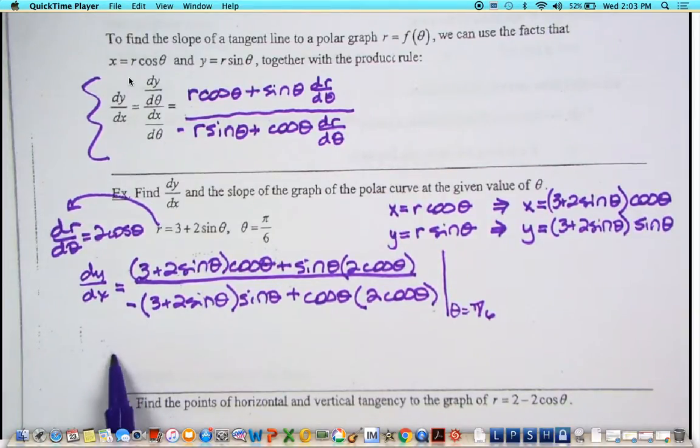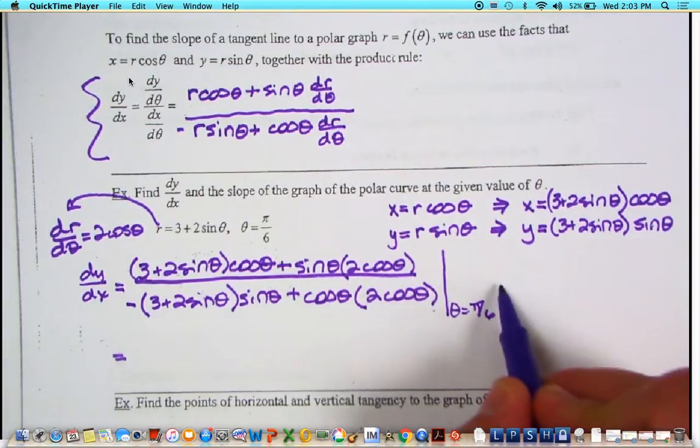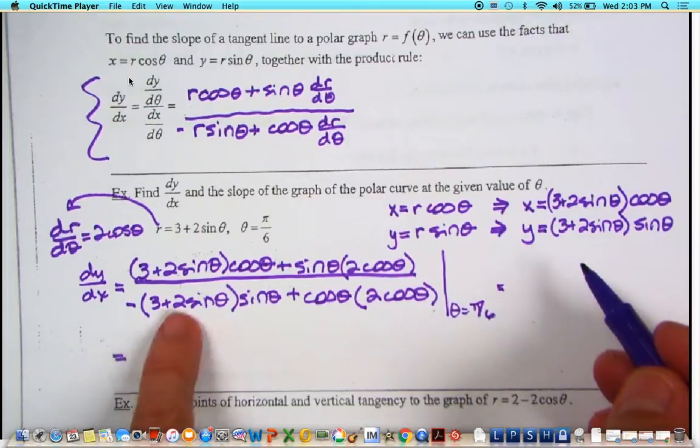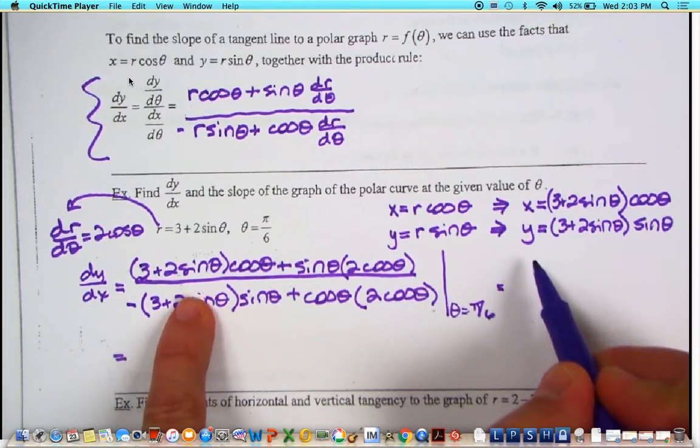So the answer. Sine of pi/6 is 1/2. Half times 2 is 1, plus 3.